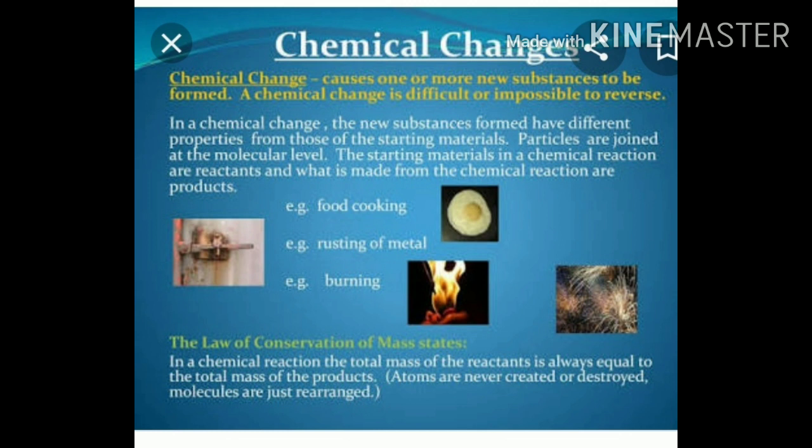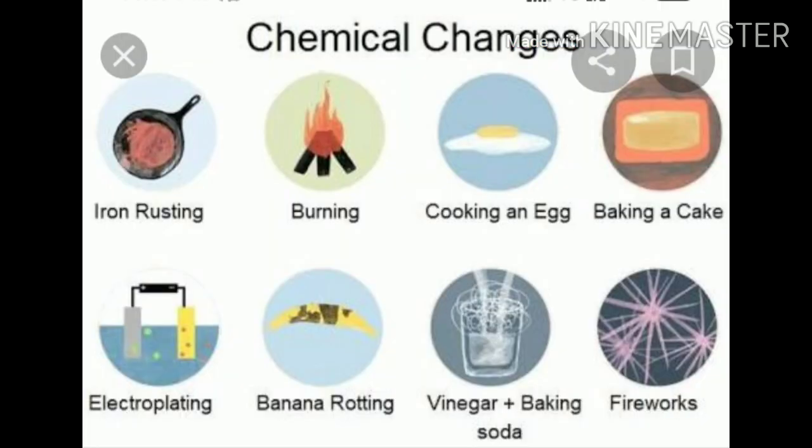Think about some more examples. Growing of a plant: a seed grows into a big plant, which we can observe daily. Digestion going on inside the body and respiration going on inside our body are all chemical changes. When a chemical change occurs, a chemical reaction also occurs, students.